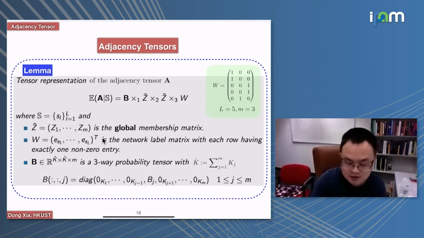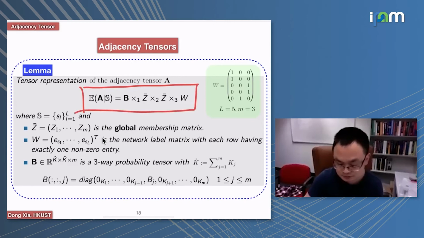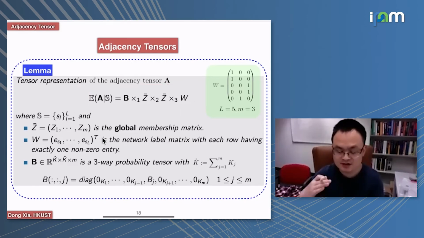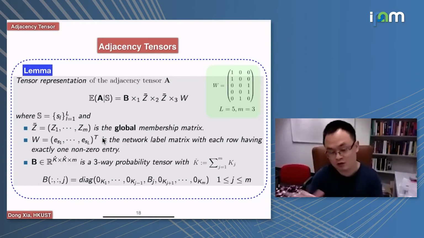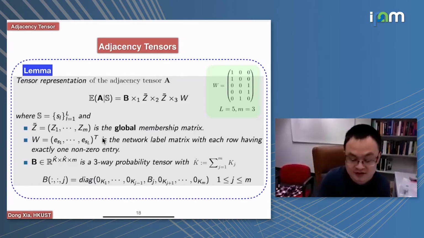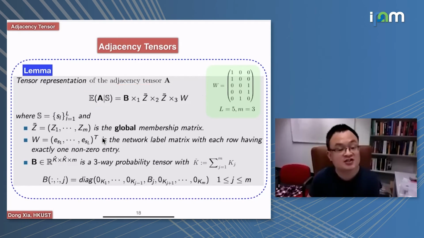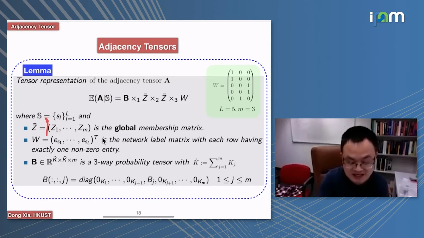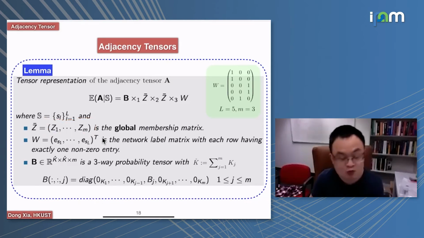So this is where we start for our later methods to deal with the multi-layer networks. And of course, if we write the decomposition like this, this decomposition is actually not easy to deal with because this matrix can be rank deficient.